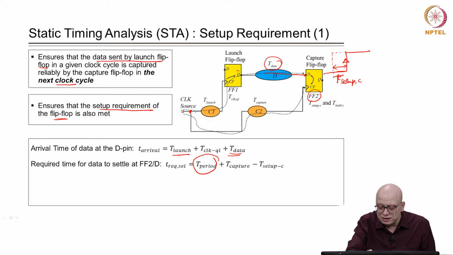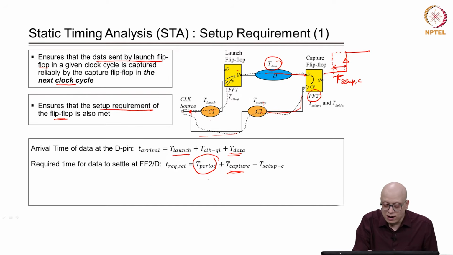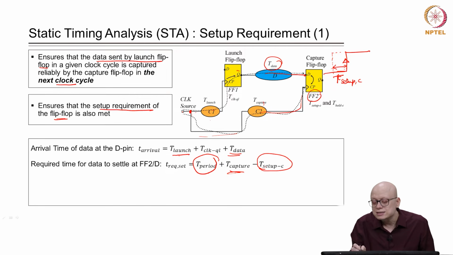And then it will undergo a delay of T capture, and then it reaches this point, and data should reach T setup time before this clock edge, and therefore, the required time is T period plus T capture minus T setup.